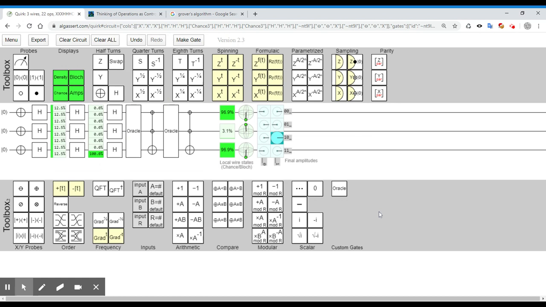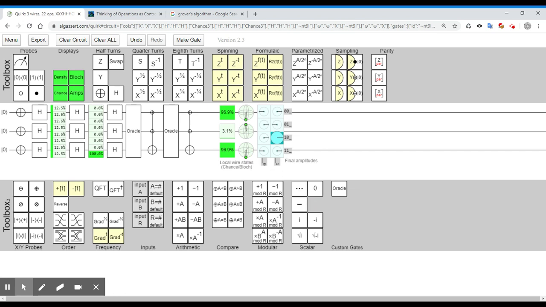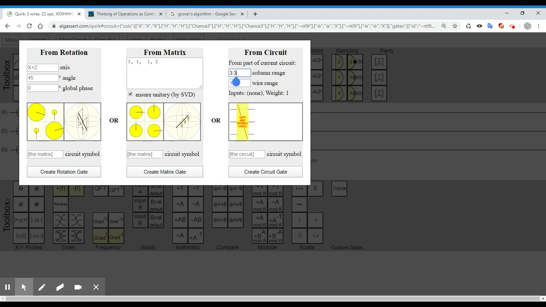Anyway, it's going to be a bit cumbersome, but maybe I'll make something so I don't have to put Hadamards all around it. I'll make a gate which will be basically this, and I'm going to call this the X observable, or switch X.